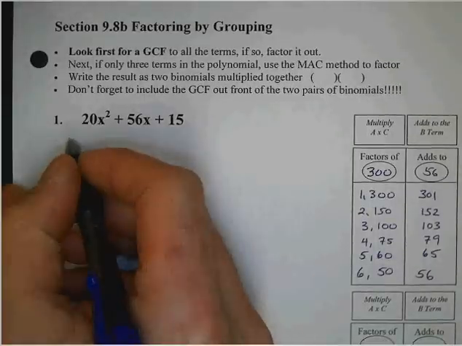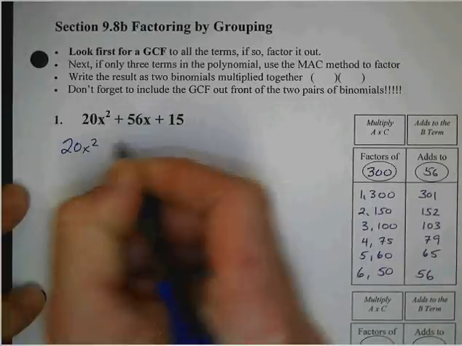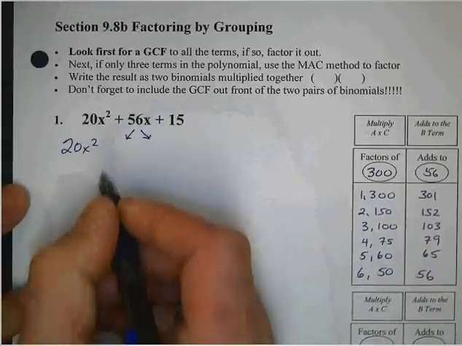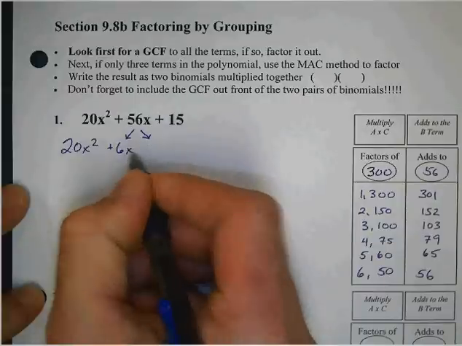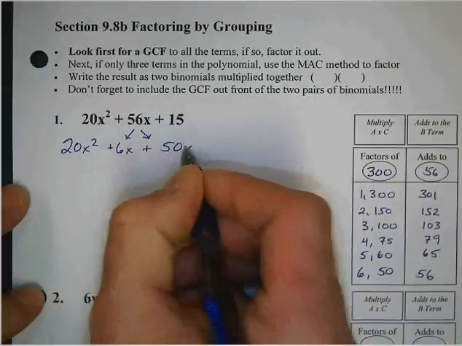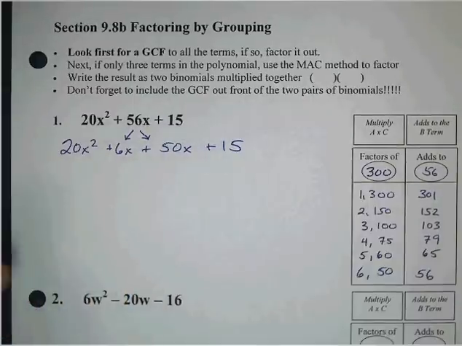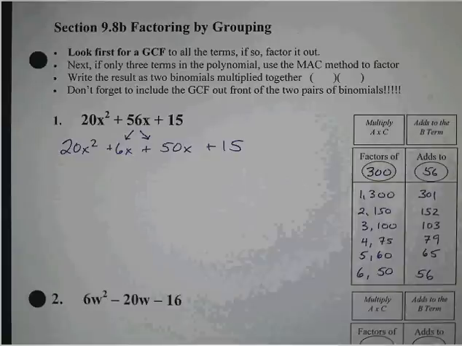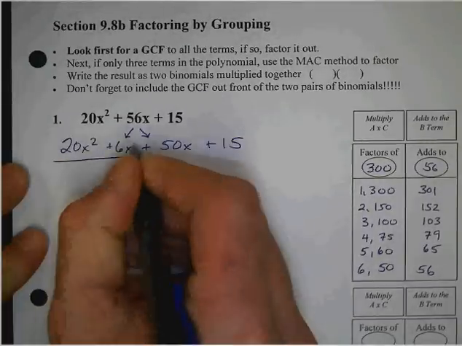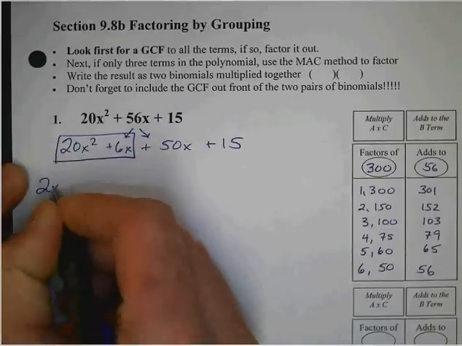So we take that 56, just as review, and we split it up into 2 parts. One is a 6x, one is a 50x. Now, let's think GCF. 20x squared and 6x. 2x, nice Grace. So put a 2x out front.